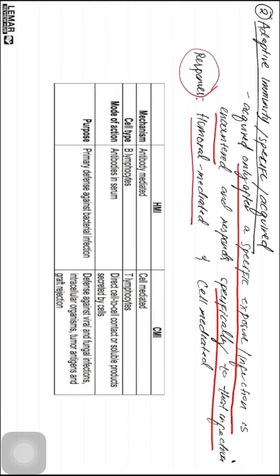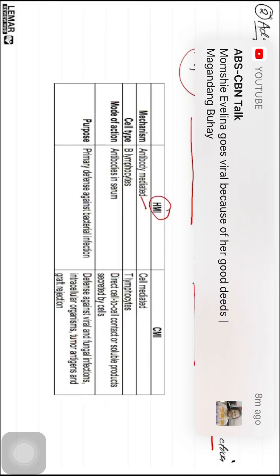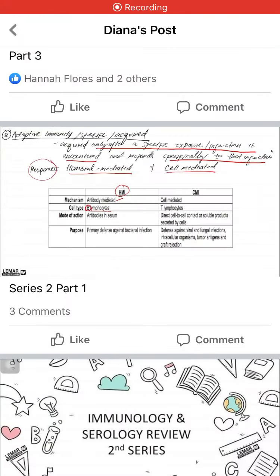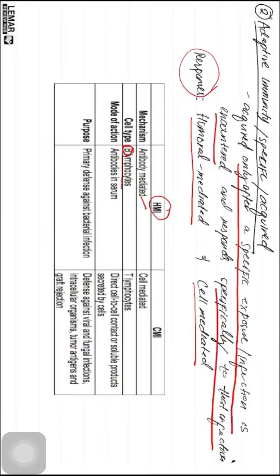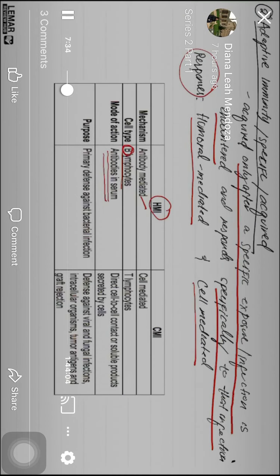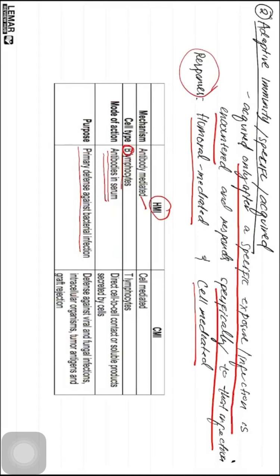We have humoral mediated and we have cell mediated. Humoral mediated, its mechanism is antibody mediated, mediated by B lymphocytes, to produce antibodies over serum. So, its purpose is to provide primary defense against bacterial infection.